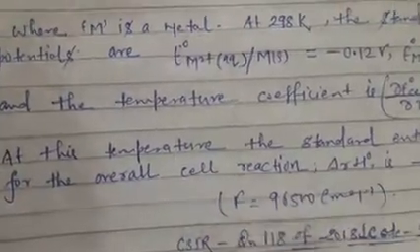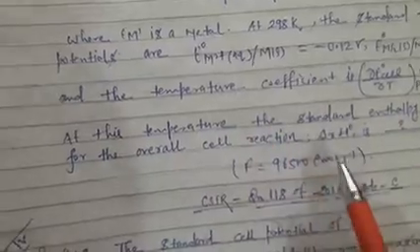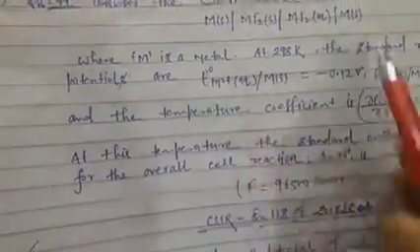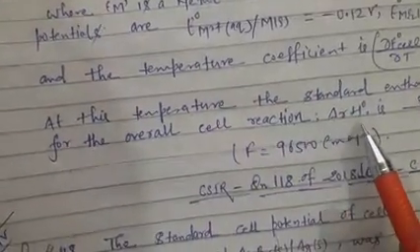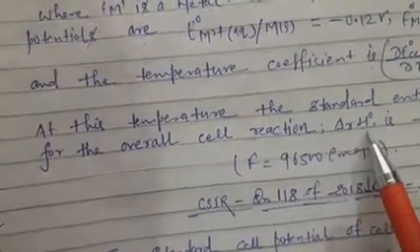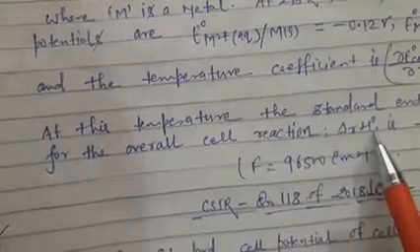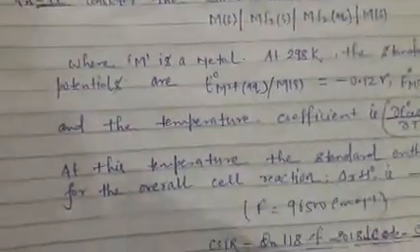These informations are given here. The question is that by given different parameters, I have to calculate the delta H, standard free energy, standard enthalpy change of this reaction by the help of these things.